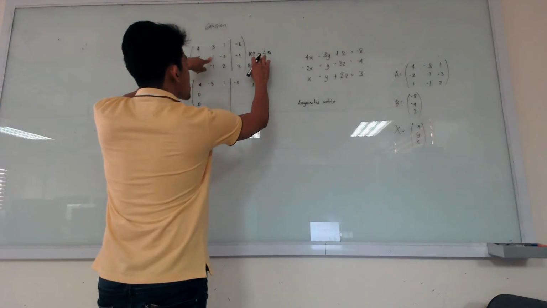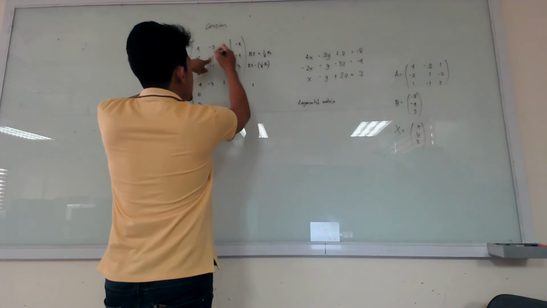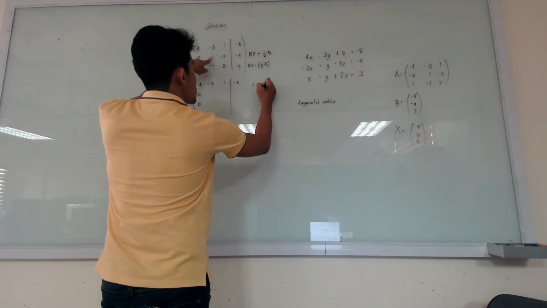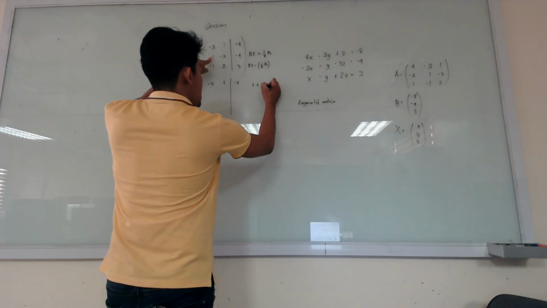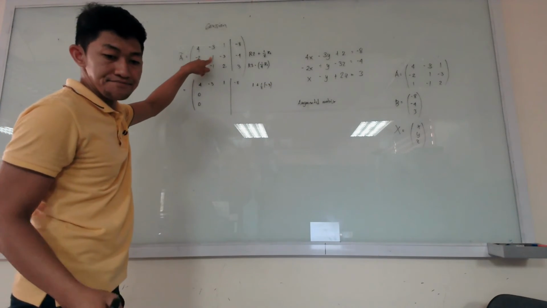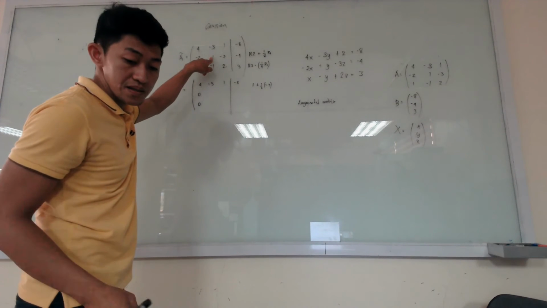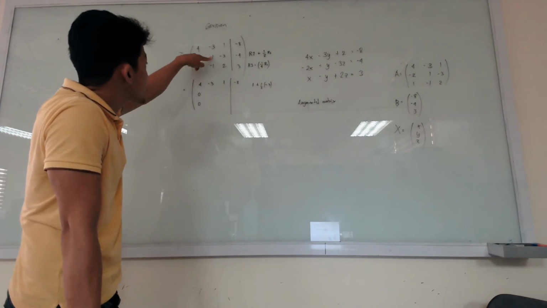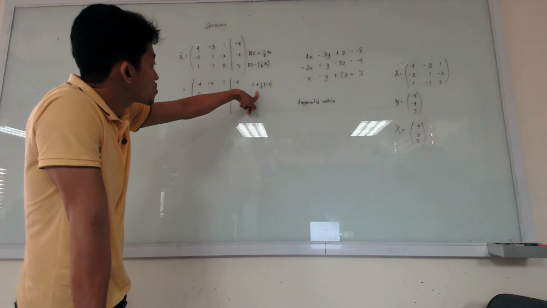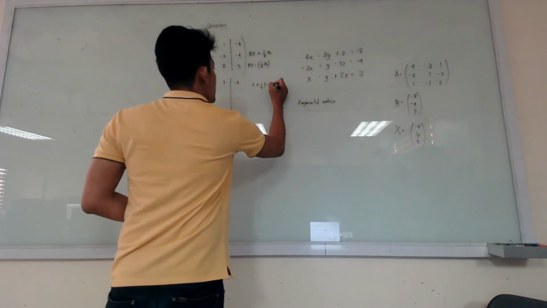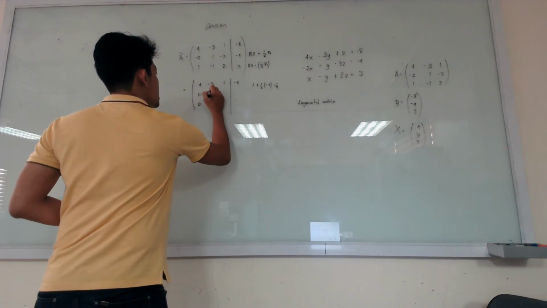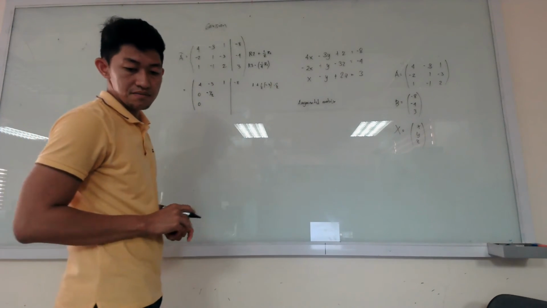Kani nga formula yung gamiton. Kaya dari mo ni nga row 1 plus 1/2 negative 3. So answer ani, ang answer niya is negative 3 over 2, negative 1/2. Okay, negative 1/2.